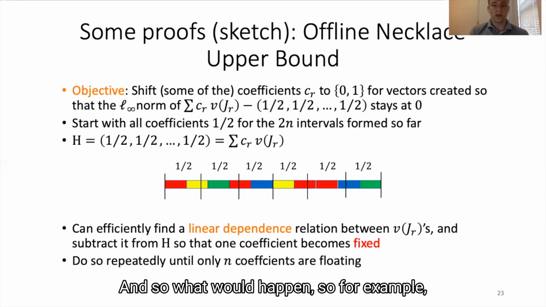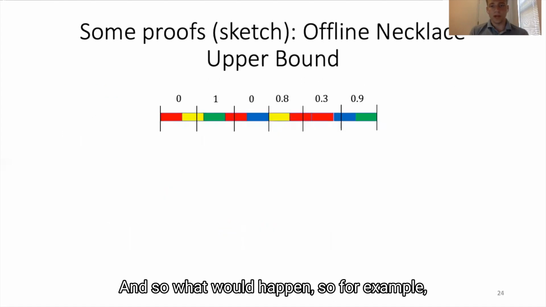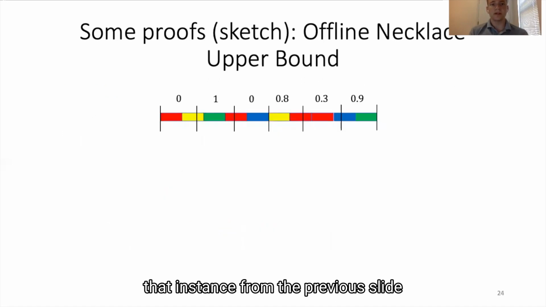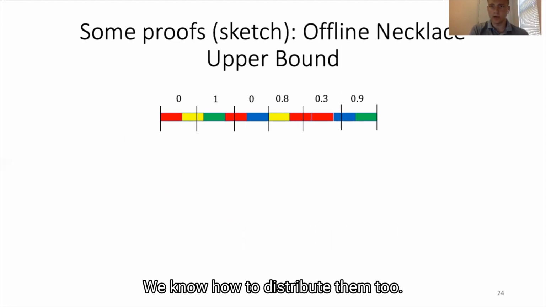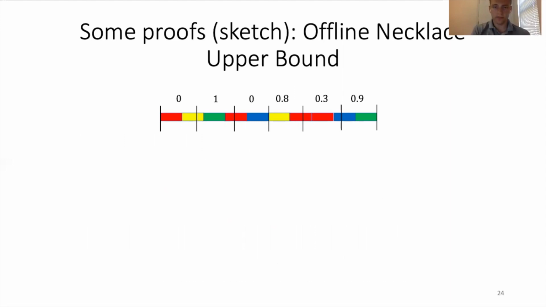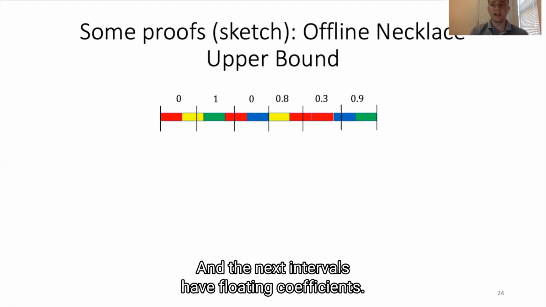So for example, that instance from the previous slide would transform into something like this, where let's say the first three intervals are now fixed. We don't do anything to them anymore. We know how to distribute them. And the next three intervals have floating coefficients.